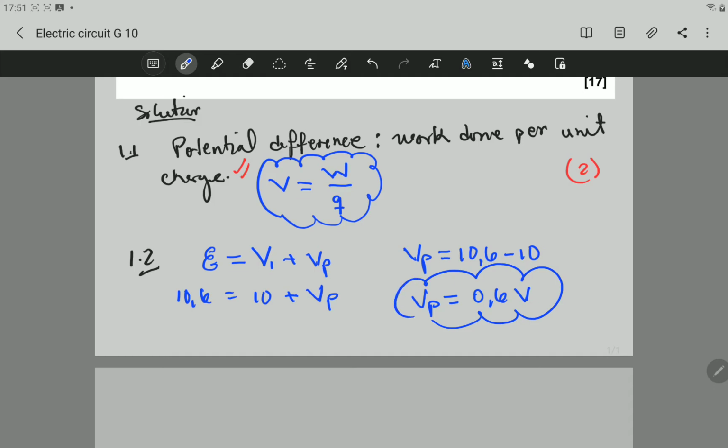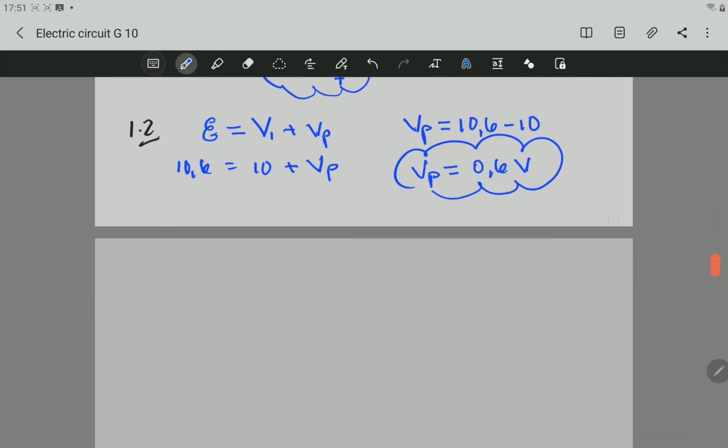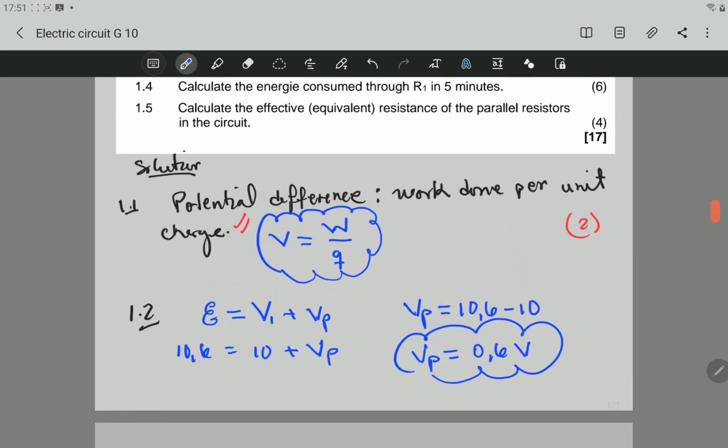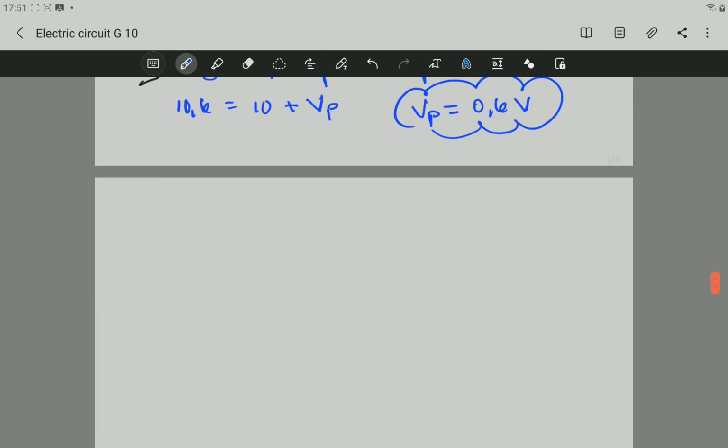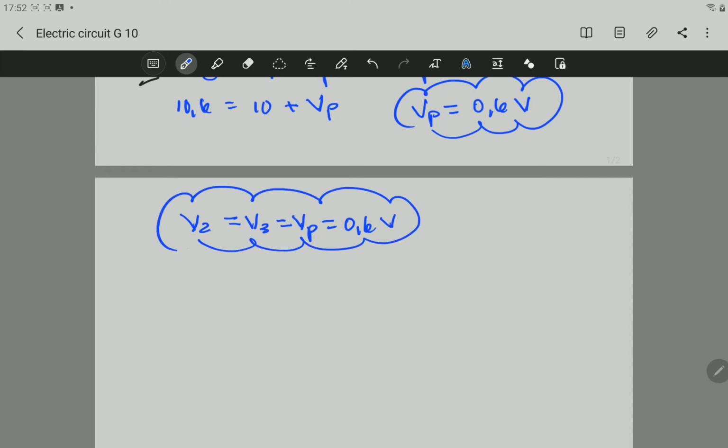Now remember from previous videos that the potential difference across each resistor in parallel is going to be the same. So we can say that the potential difference V2 is equal to V3 and is equal to the potential difference in parallel, which is 0.6 volt. This is the answer for this question.